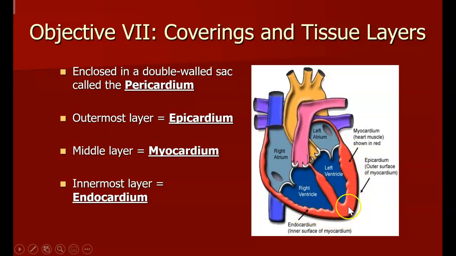This is the outside layer of the actual heart tissue. Inside then is the muscle, the myocardium. So all of this here in red is myocardium. And then there's a layer of tissue that lines each of the ventricles and the atriums, called the endocardium.